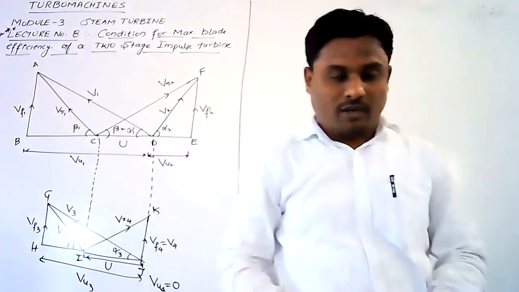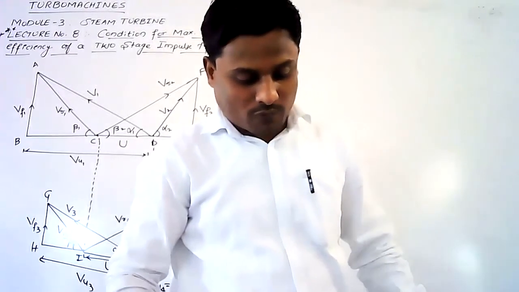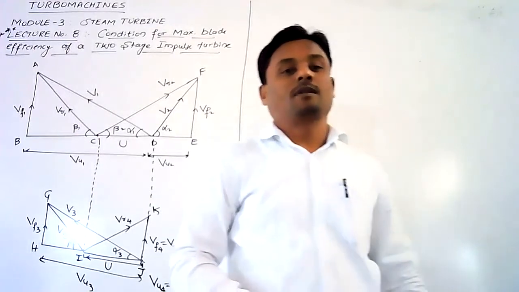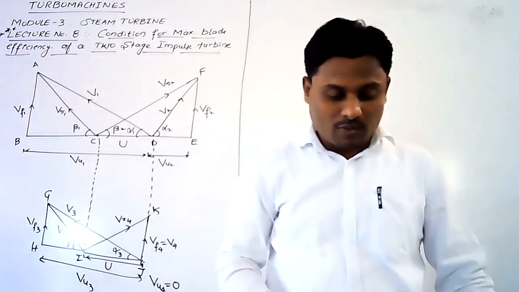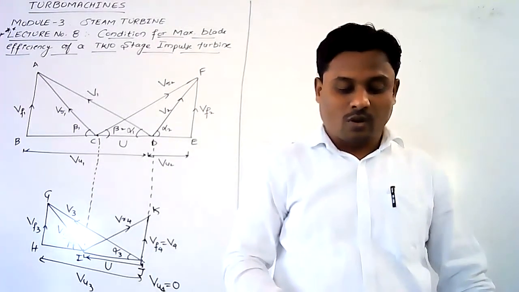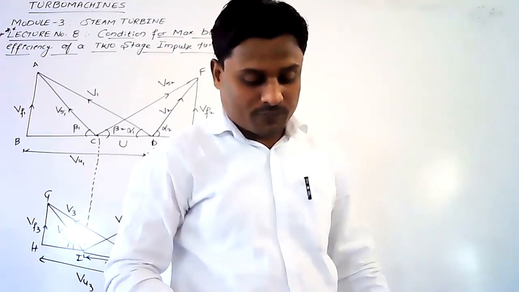Okay, now you can note down a few points. The velocity triangles for the first stage and second stage of a Curtis turbine. So a two-stage impulse turbine is also known as a Curtis stage. Write down: the velocity triangles for the first stage and second stage of the Curtis turbine are shown in the figure above.